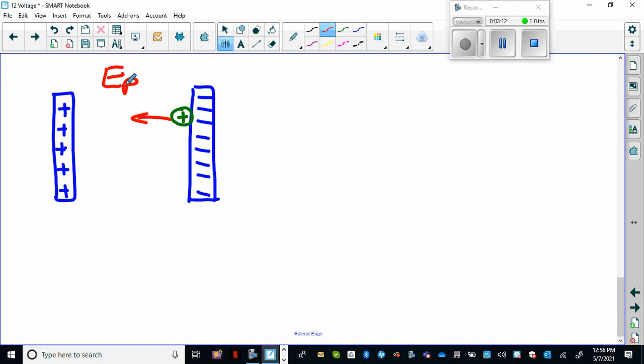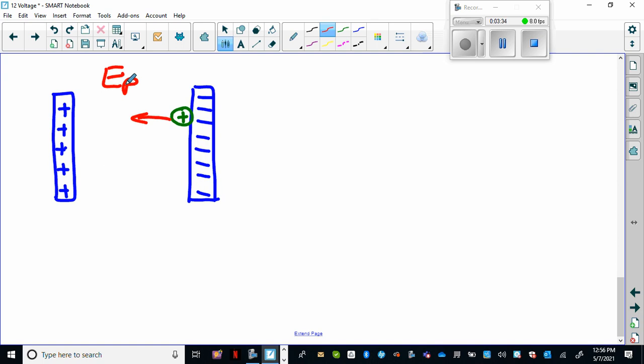Same as EP equals mgh, and EP is also electric potential energy. So we have to do work to move it because now we're moving it against the grain. It doesn't want to go to the positive plate. It's repelled by it in the same way that it takes work for the crane to lift me up off the ground. So that's the basics of it.